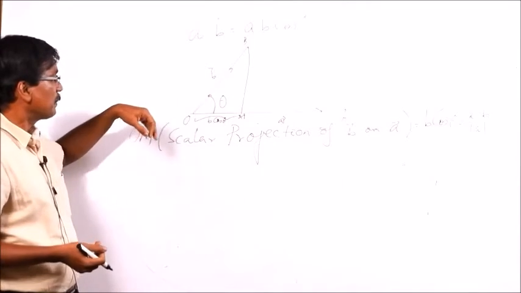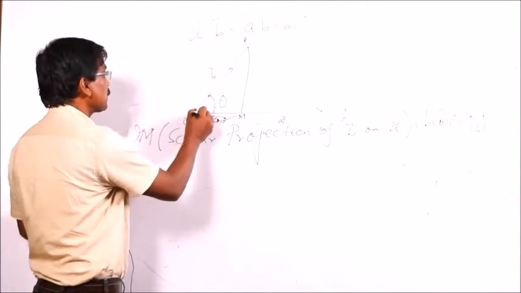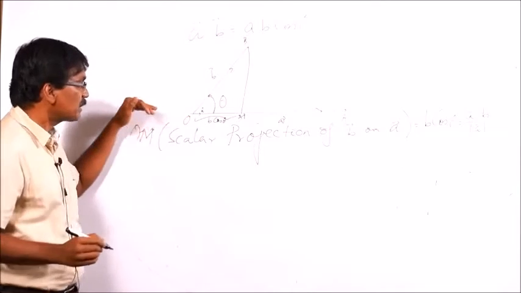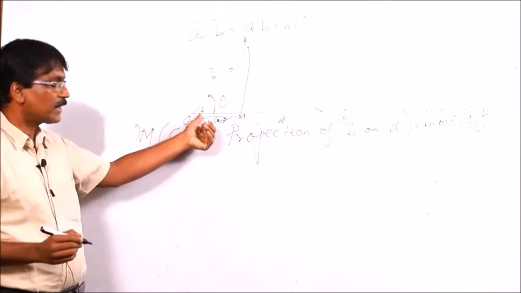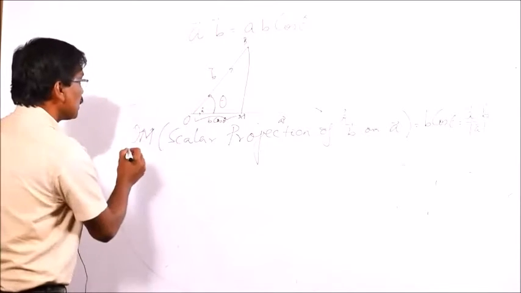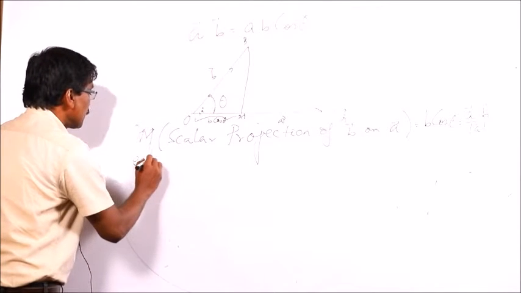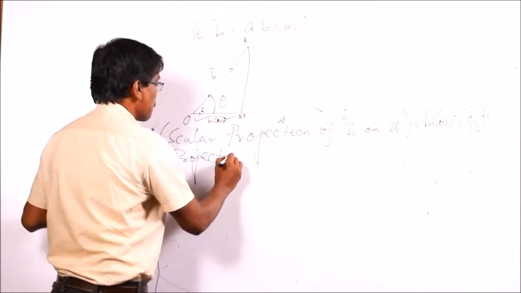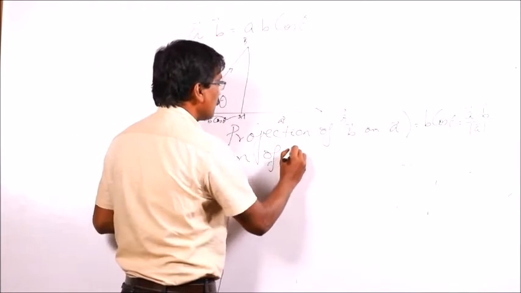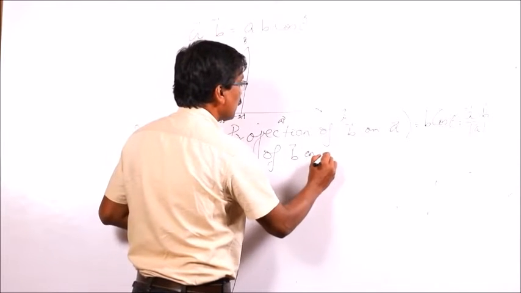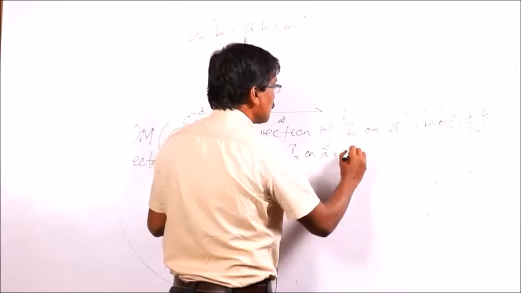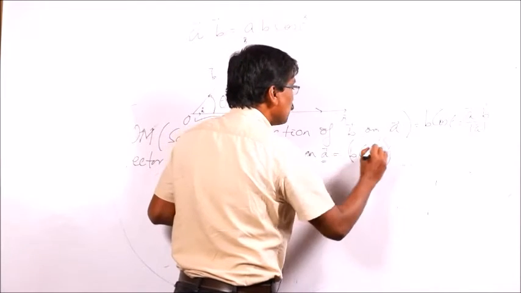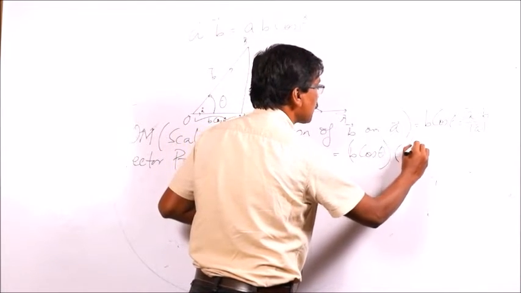Next we have vector projection. For vector projection, we simply multiply by a vector quantity. Suppose it is A vector and the unit vector along A vector is A cap. So the vector projection of B vector on A vector is equal to B cos theta into the unit vector along A vector, that is A cap.